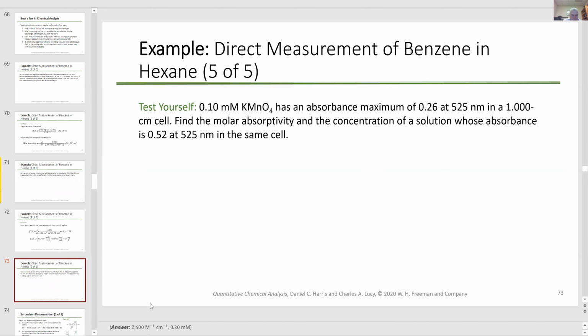So let's test ourselves here. I am going to try something here. I'll write it down first. So we've got 0.10 millimolar KMnO4. Absorbance is 0.26 at 525.